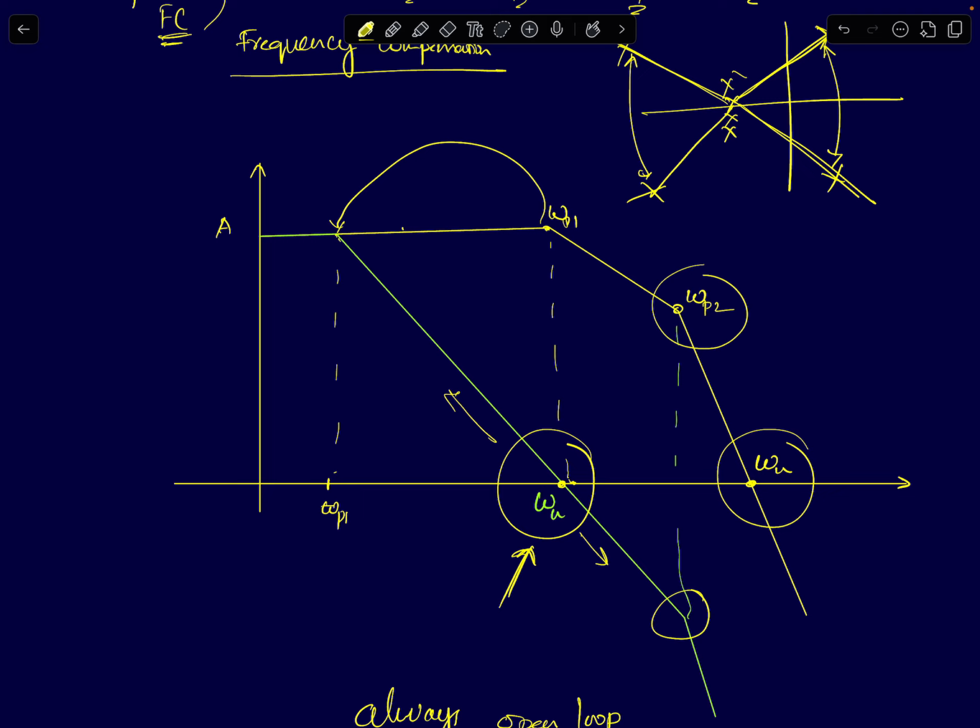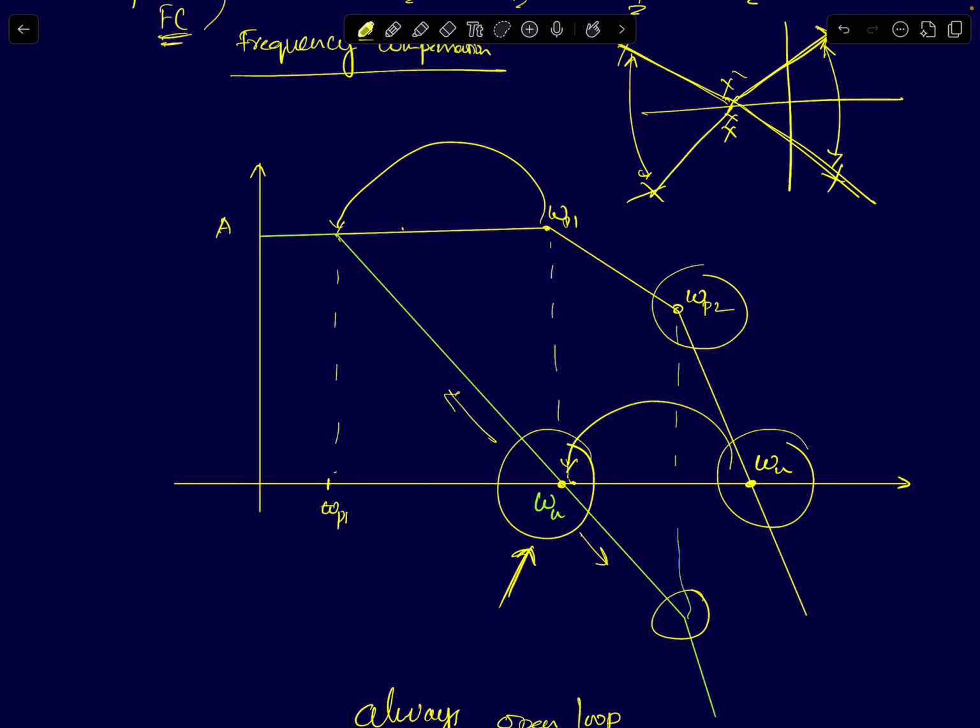By doing so, of course I stabilized my amplifier, but I lost out on the bandwidth of the system. The UGB was previously at a higher frequency, now it shifted to a lower frequency. So I traded off speed for stability. So that's the problem with op-amps.